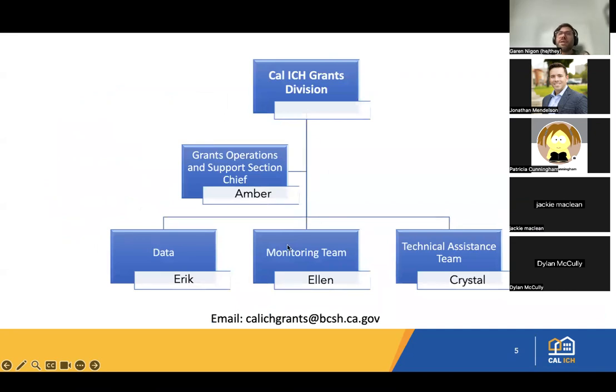We want to move into just a couple of introductions from the Cal ICH team. This is whom we are going to be introduced to in a second. This is not all of the Cal ICH staff. We're just going to focus on the staff who you would have the most opportunity to be connected with in Cal ICH through your participation in this grant.